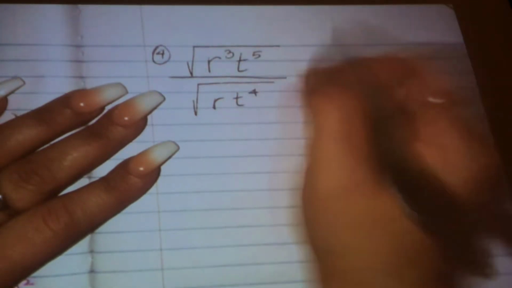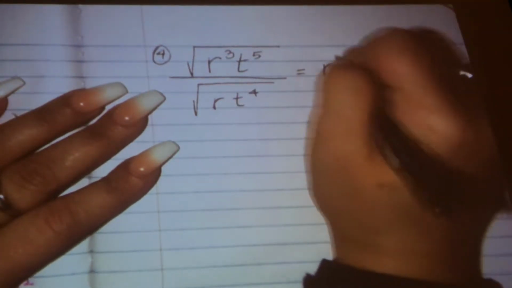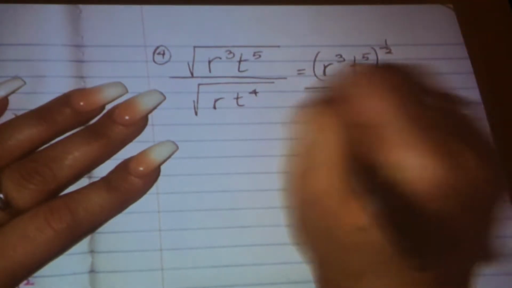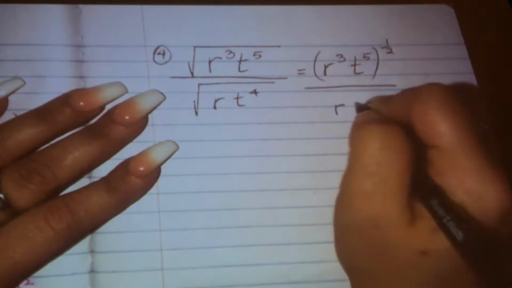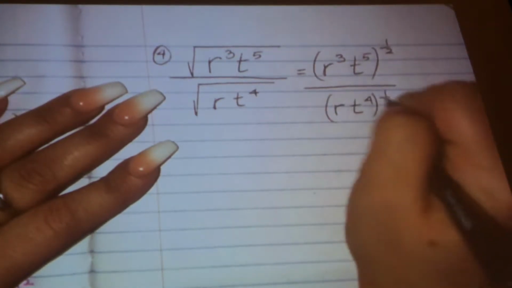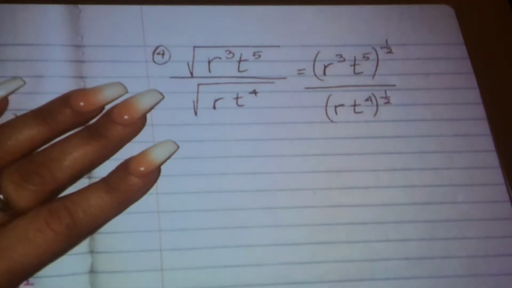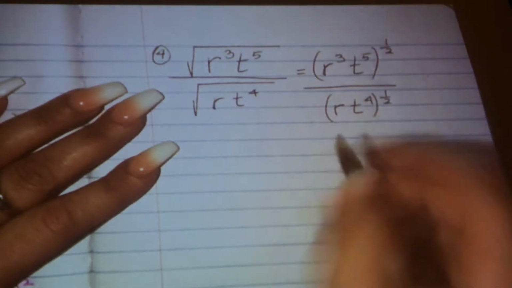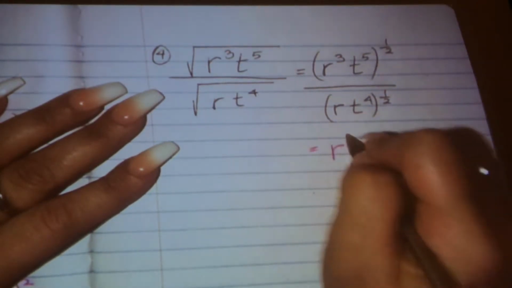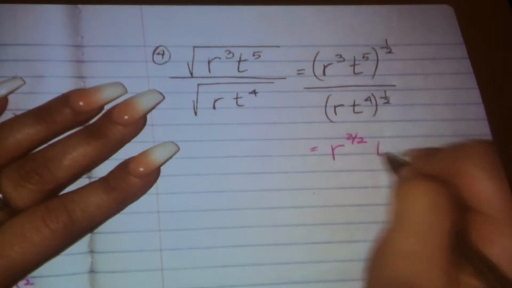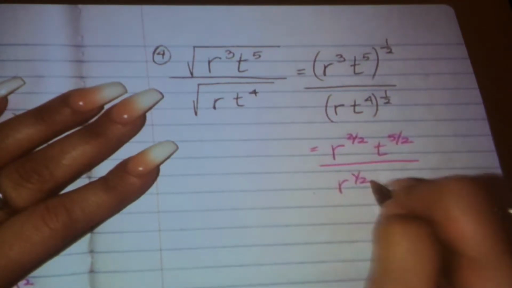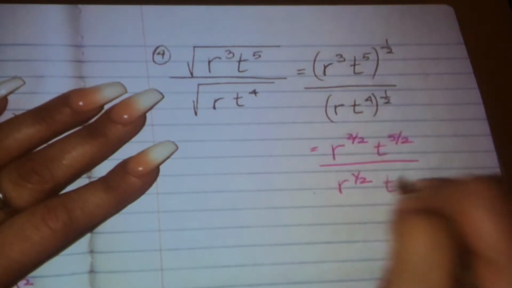Remember, when I take a square root, that's the same thing as writing it to the 1/2 power. So now I'm going to distribute this 1/2 to everything. So that's going to be r to the 3/2 t to the 5/2 over r to the 1/2, and then half of 4 is just t squared.